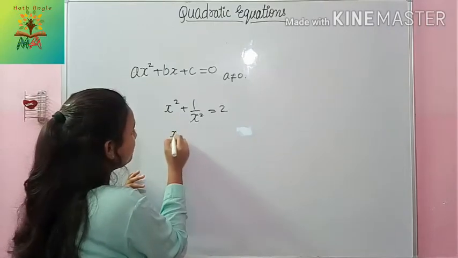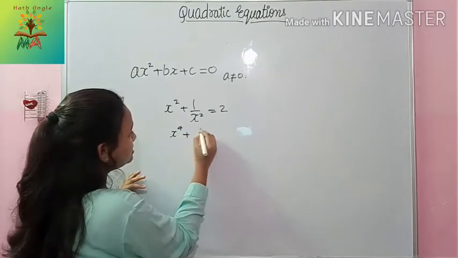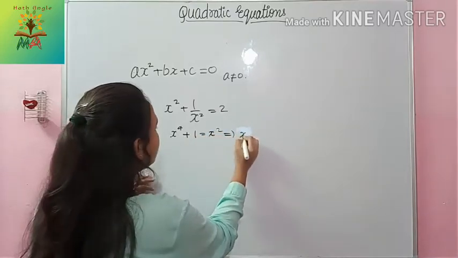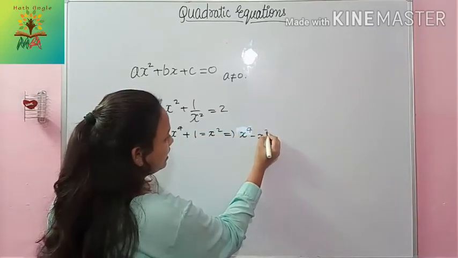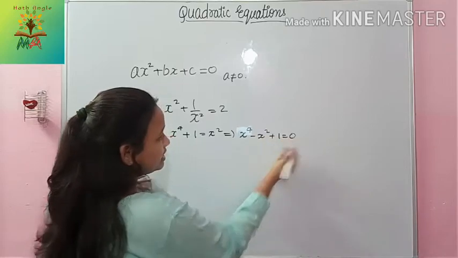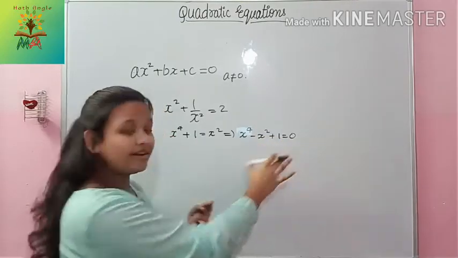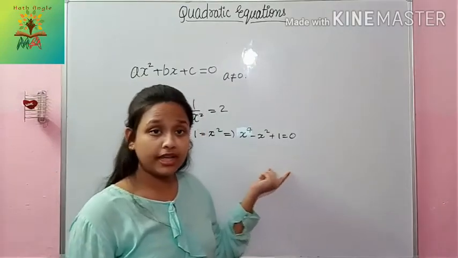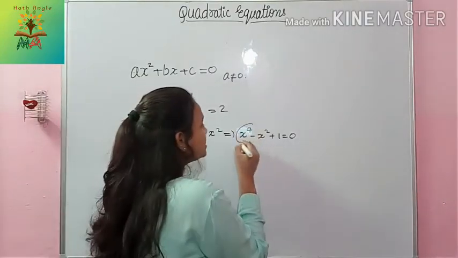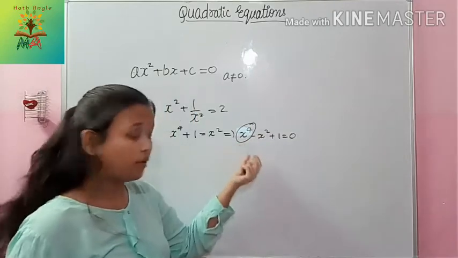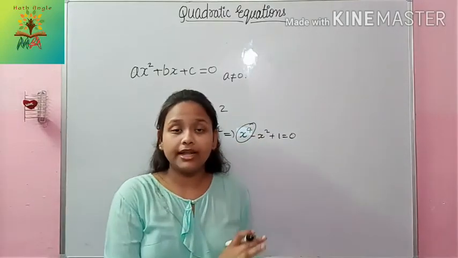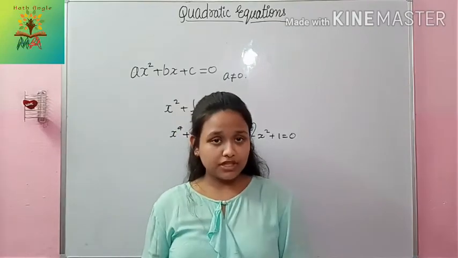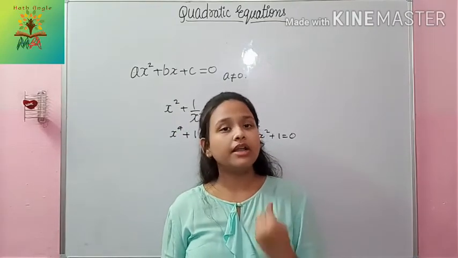On taking LCM, I will have x4 plus 1 is equal to x square. This implies x4 minus x square plus 1 equals 0. This is our standard equation, which shows that this is not a quadratic equation because the highest power here is 4. So this is a biquadratic equation, not a quadratic one. I hope this much is clear to you all.